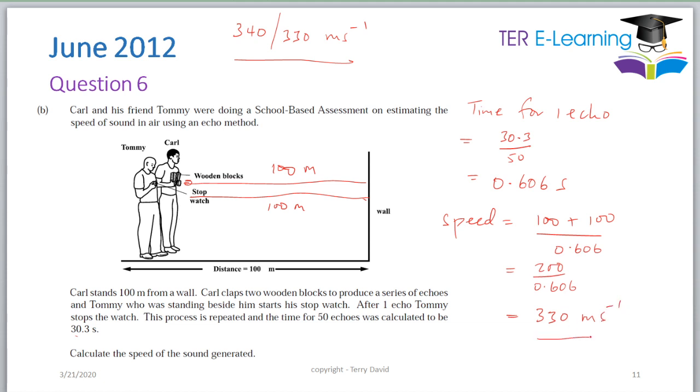So you notice we got the answer. If you had known this fact before, then you know that's what you're looking for, right? I just forgot to write that speed is really distance over time. That's the formula we're using. Speed is distance traveled over time taken. So that is question 6, part B.